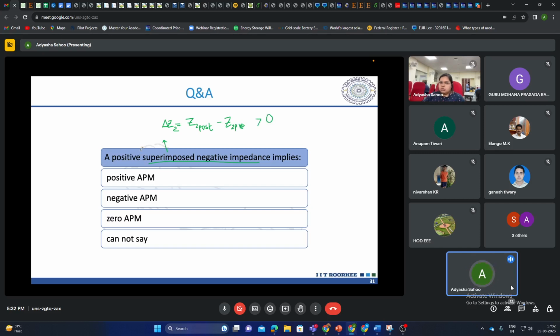So I hope this statement is clear now. A positive superimposed negative impedance means this condition. What is it implying? Is it implying a positive active power mismatch, negative active power mismatch, 0, or can we not say with this amount of information?